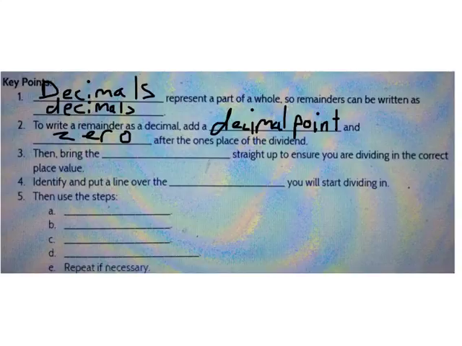Once we've placed the decimal, just like yesterday, we need to bring the decimal straight up to ensure we're dividing in the correct place value. Then we can identify and put a line over the place we'll start dividing in. Then we'll follow the steps of the algorithm.